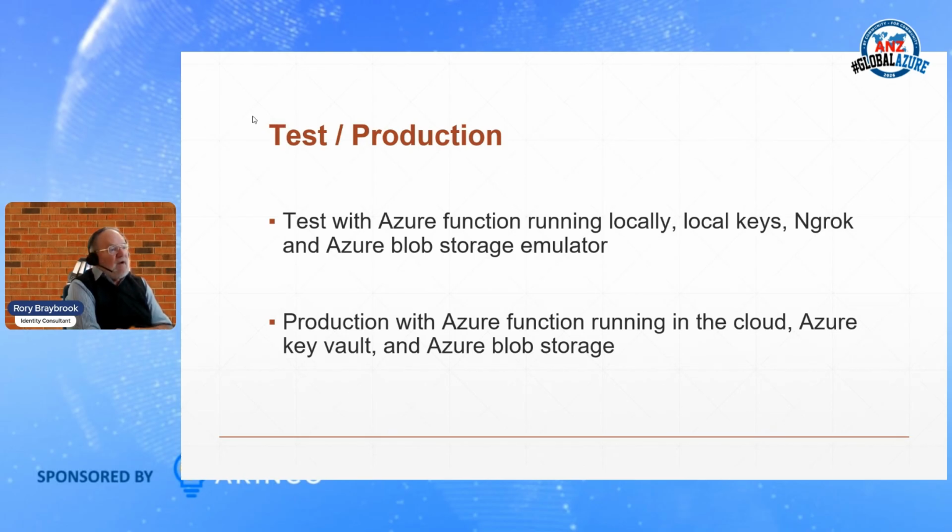When you run it in production, and there's actually a script that swaps the 2, so you can go test production as you find errors and as you fix them. So obviously the Azure function runs in the cloud. We're not going to be using local keys. Of course, we're going to be using Key Vault. We don't need ngrok because it's all in the cloud, so there's no problem with access.